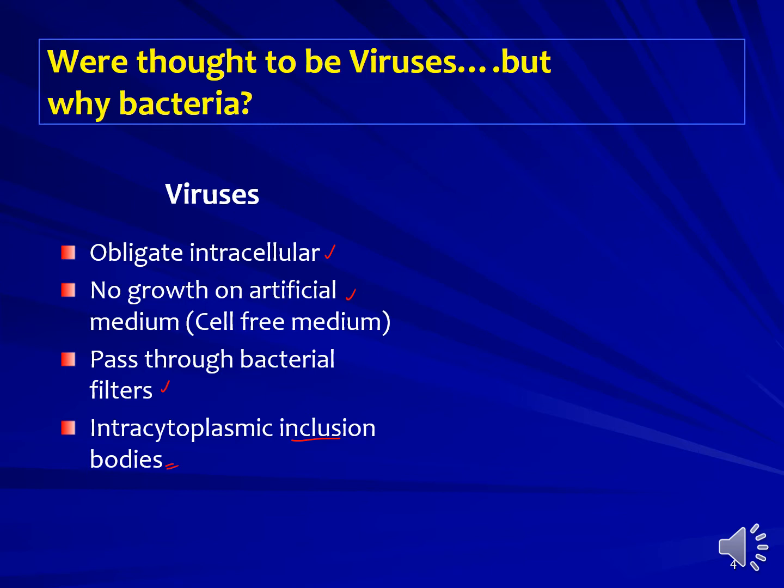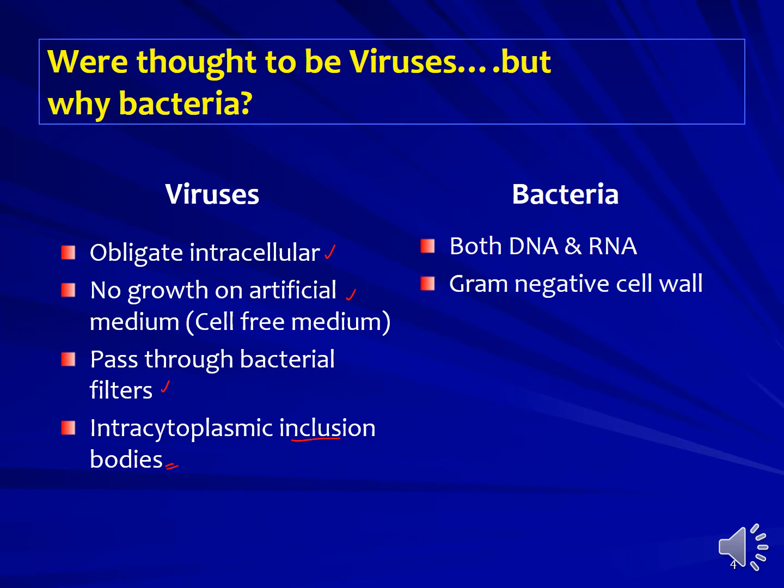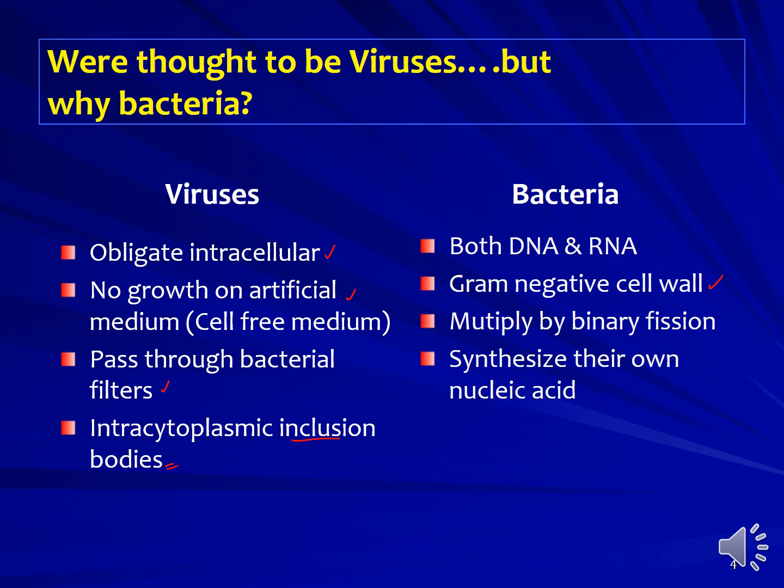So that's why they were thought to be viruses. But why do we now consider them bacteria? Like bacteria, they possess both DNA and RNA, they have a gram-negative cell wall, and they multiply by binary fission and synthesize their own nucleic acid, but viruses can't produce their own nucleic acids.